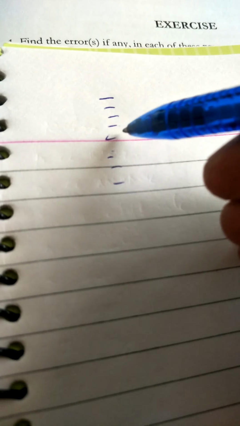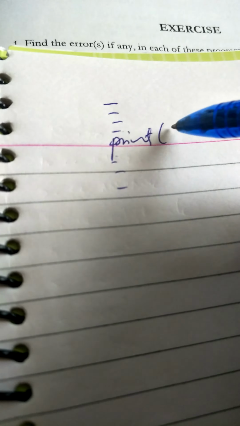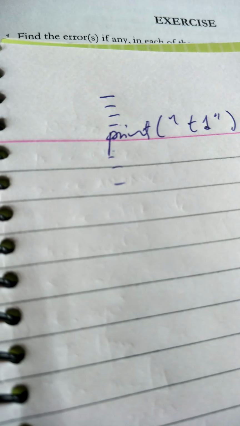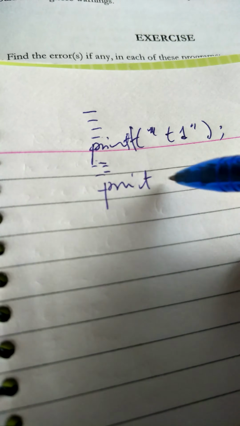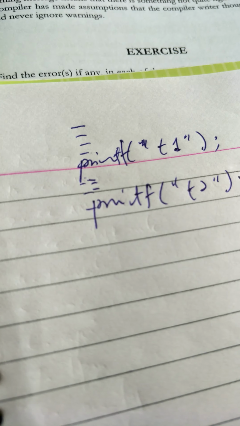In my case, for example, what I used to do is that I put a print somewhere here. Print just a simple thing like print T1, printf. And then after a few statements here, I put another printf, let's say T2.